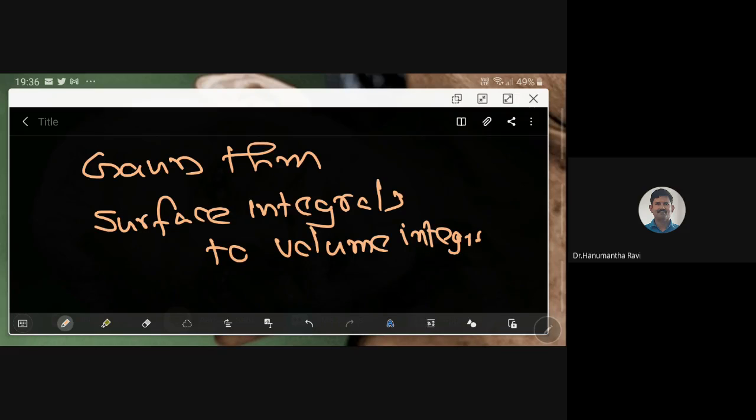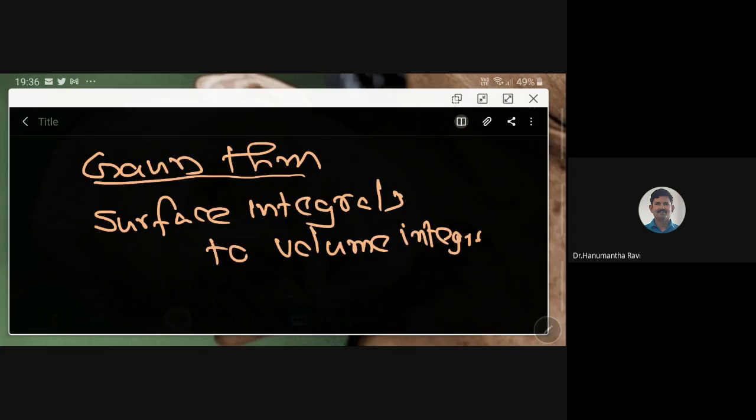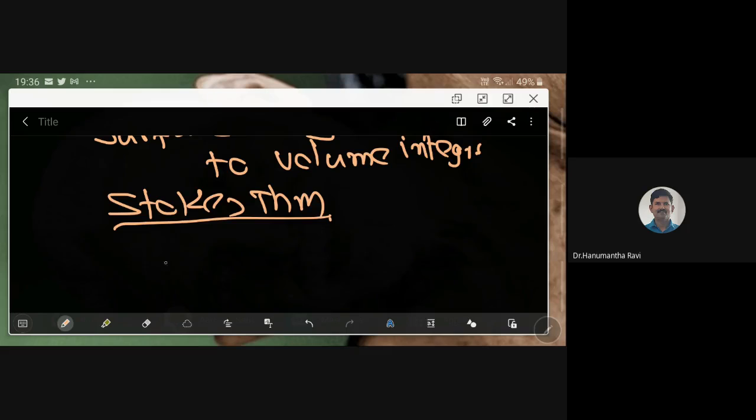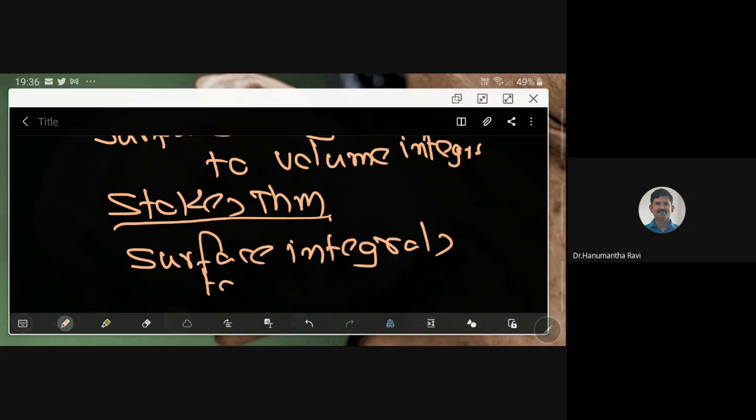And Stokes theorem talks about surface integrals to line integrals.